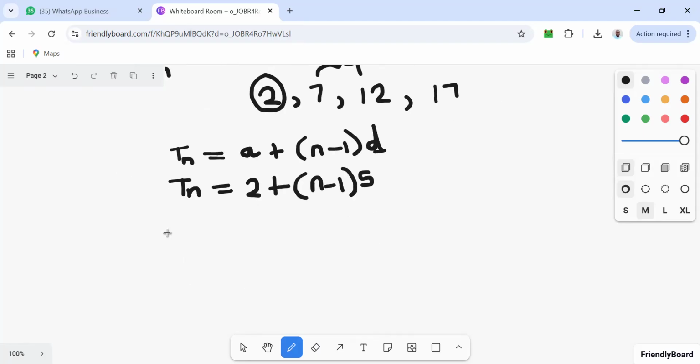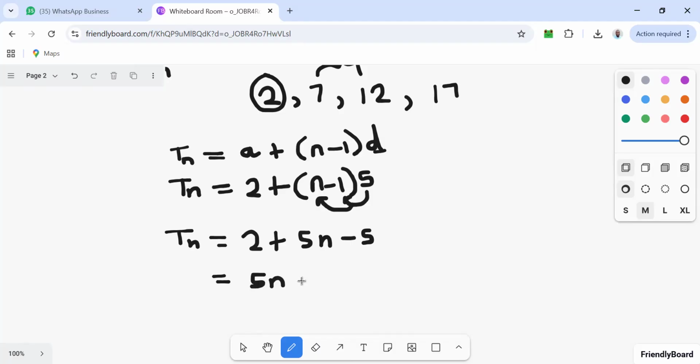Then I'm going to simplify. This 5 is going to multiply everything that is inside of this bracket. So this will be 2 plus 5n minus 5. Then I group the like terms and rearrange.